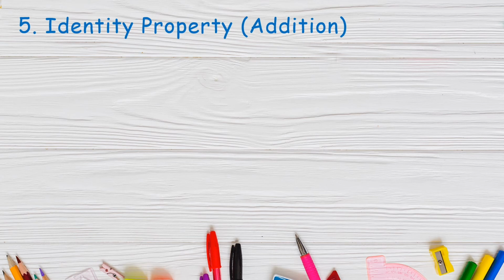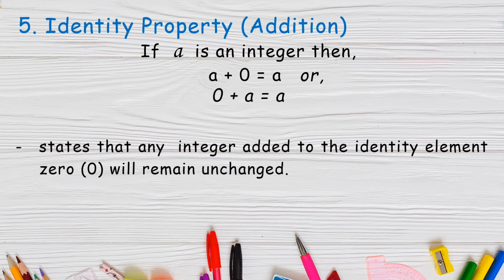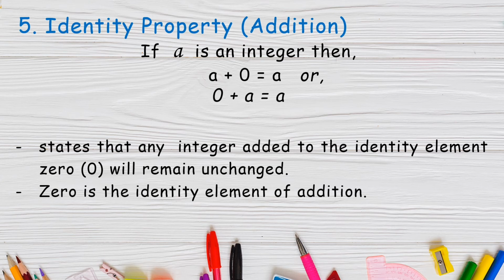Identity property. If a is an integer, then a plus 0 equals a, or 0 plus a equals a. Identity property of addition states that any integer added to the identity element 0 will remain unchanged. 0 is the identity element of addition.